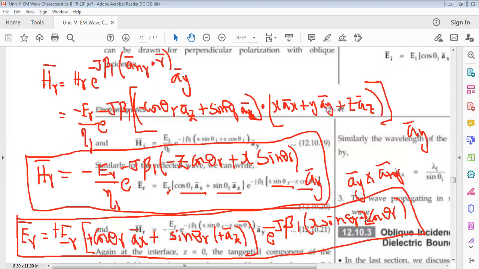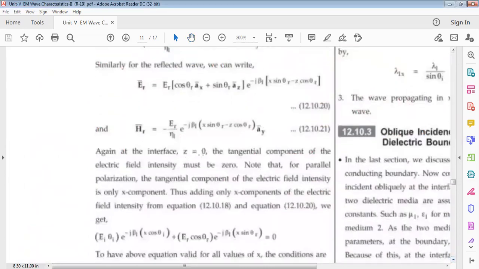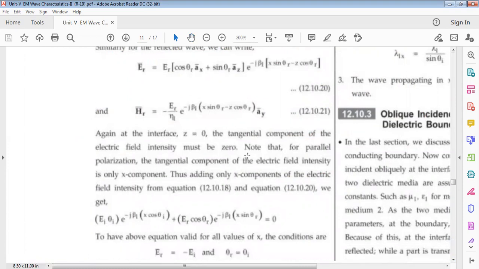Previously we got the E_i and the H_i in vertical polarization. Again, at the interface z equal to 0, the tangential component of electric field intensity must be 0.